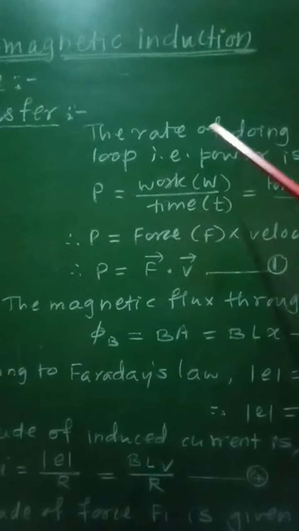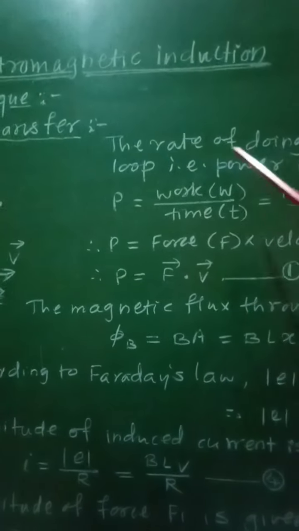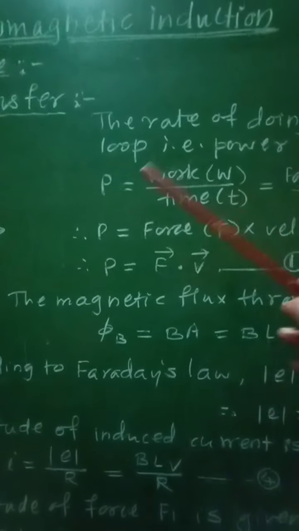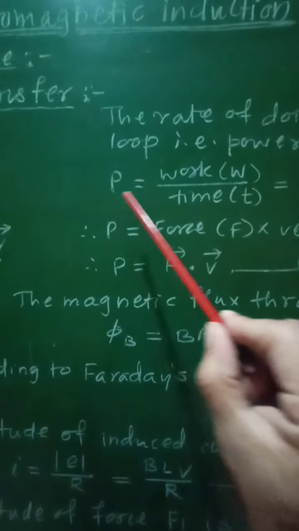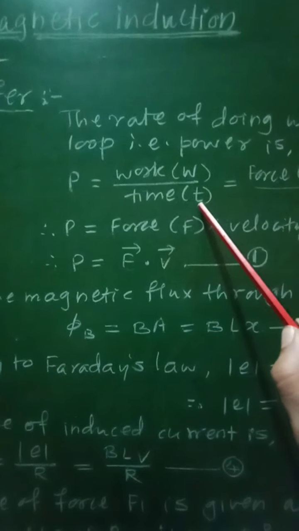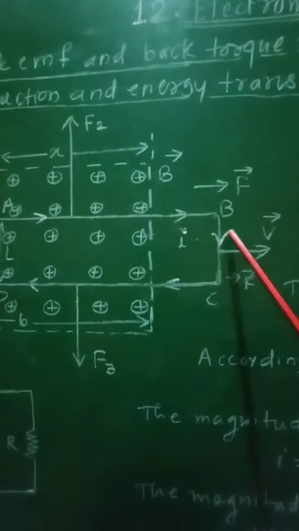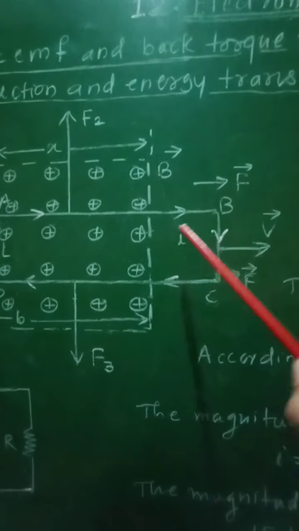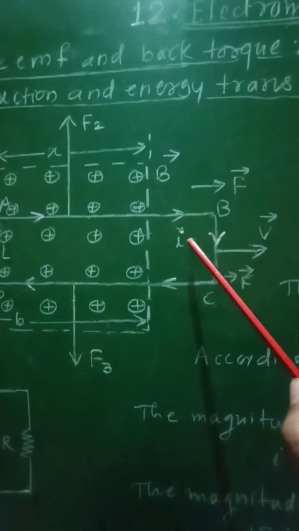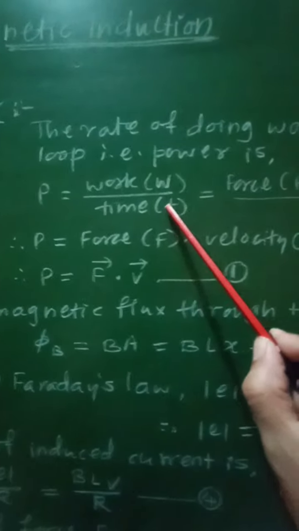Rate of doing work, according to the definition, is work done per unit time, that is the power, and the mechanical power will be given as P is equal to work W upon time T. So when this loop is displaced due to this external force, mechanical work W will be done in time T.